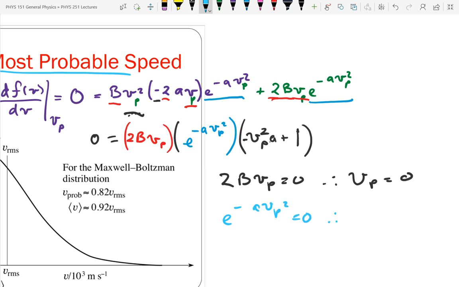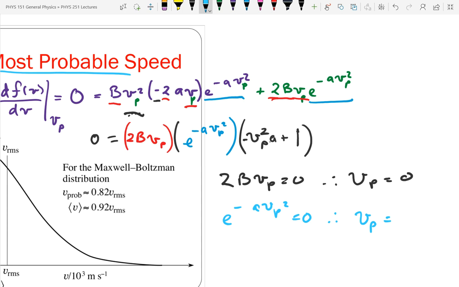Take the second one. What speed makes that true? That'll depend on the temperature, let us presume, a finite temperature. Now, vp can only be a positive number, so there's only one answer. If it's a finite temperature, then A is not 0.